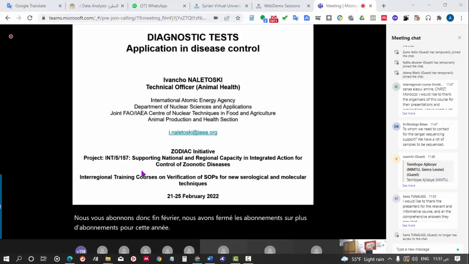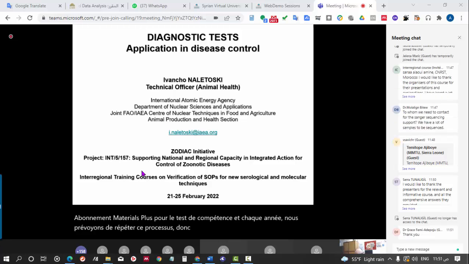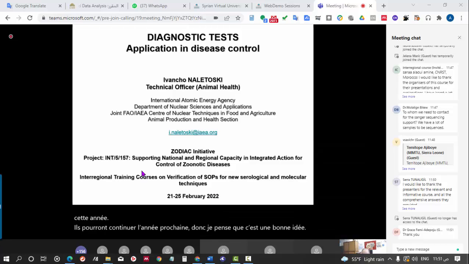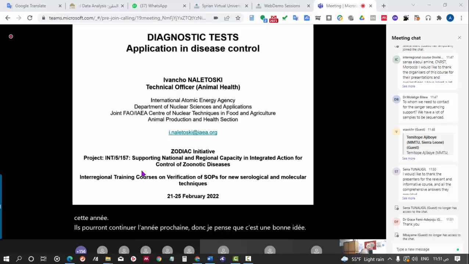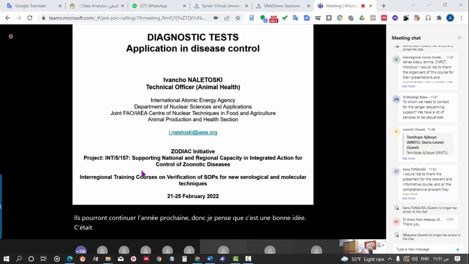And we order all together for all laboratories, materials plus subscription for the proficiency test. Every year, we plan to repeat this process. So if some laboratory misses the subscription this year, they will be able to continue next year. I think that's a good idea. This was my second comment on the last presentation or last discussions.